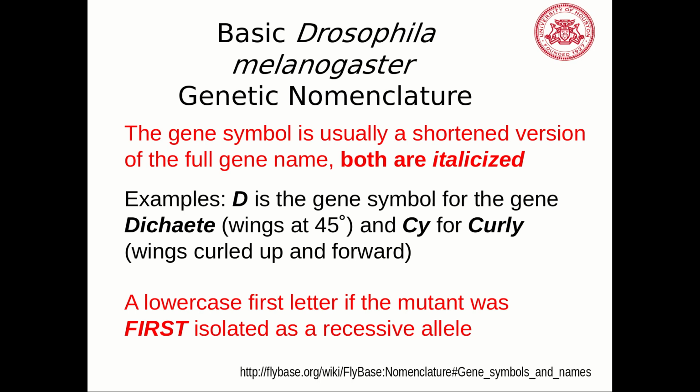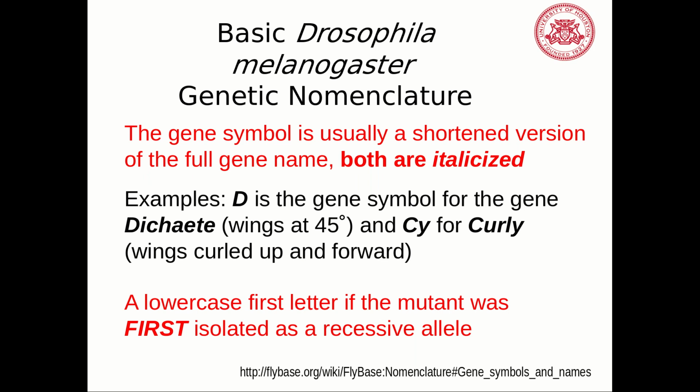So a gene symbol is usually a shortened version of a full gene name, and both are italicized. So, for example, D is the gene symbol for the gene dikete, and that means its wings are angled at a slightly different angle than normal. And Cy is the abbreviation, if you want to call it that, the gene symbol for curly winged flies.